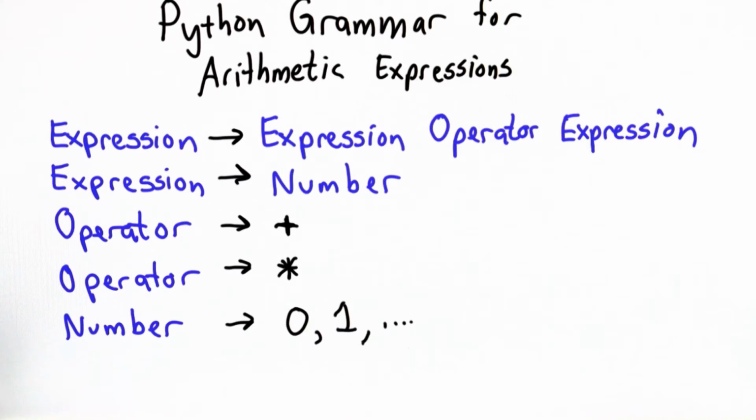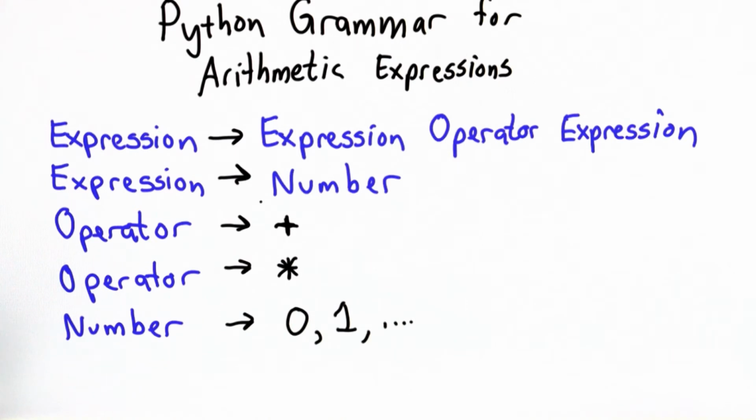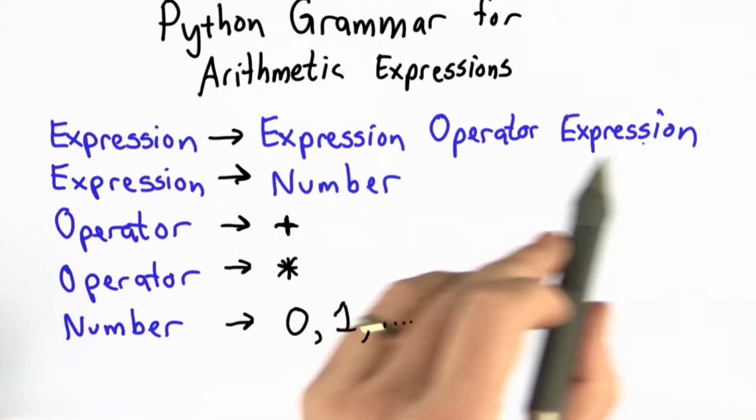We can make numbers any number of digits. There are different rules to make all those numbers, but we know what they are. So this looks like a very simple grammar. It's quite small, but it can express infinitely many things. And the reason for that is because we have expression on both sides here, that we can replace an expression with a bigger expression and keep going.